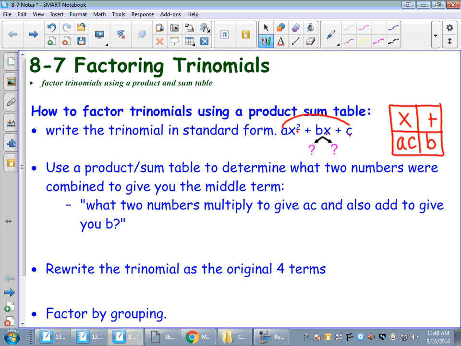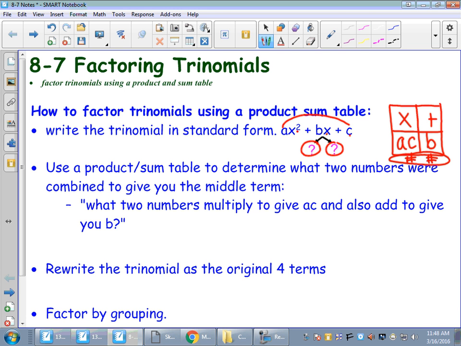When you find those two numbers, what two numbers multiply to give you AC and add to give you B, you will break up B into those two numbers.